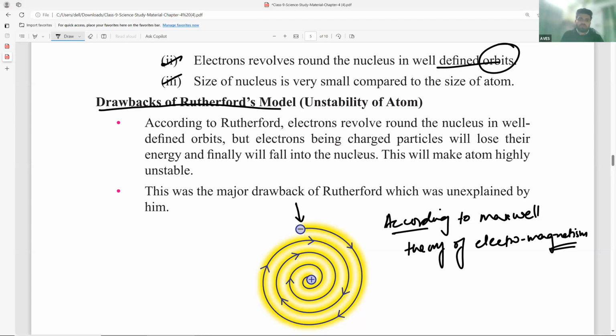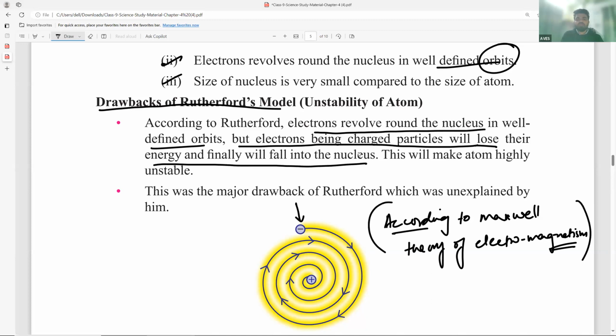So according to Rutherford, electrons revolve around the nucleus in well-defined orbits, but electrons, being charged particles, will lose energy and finally fall into the nucleus. How can you say that it will lose its energy? Because it is a theory given by Maxwell.